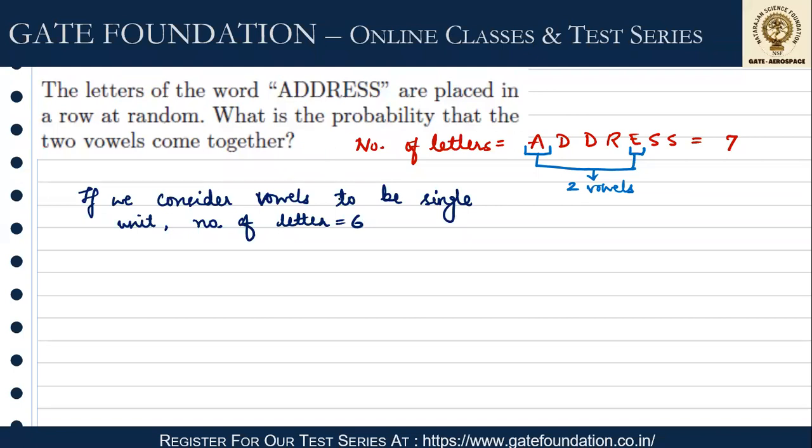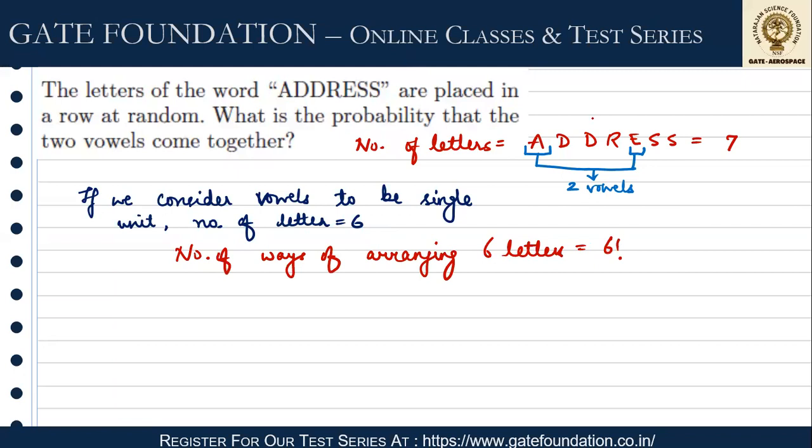Now, 6 letters हो गए. So the number of ways in which I can arrange the 6 letters will be 6 factorial. Right?